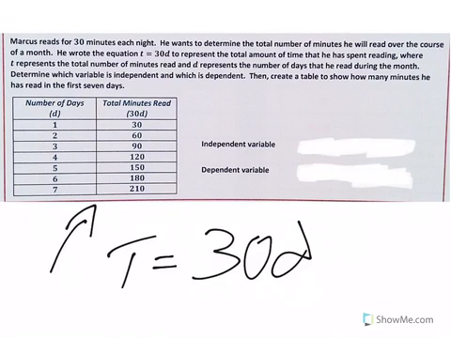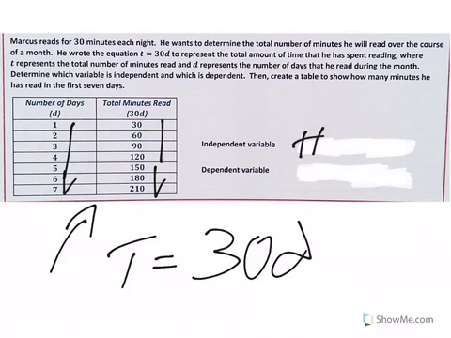Well, we have the table here. So on day 1, he read 30 minutes. On day 2, he read 60 minutes. And so you can go all the way down the line through 7. You could go farther.